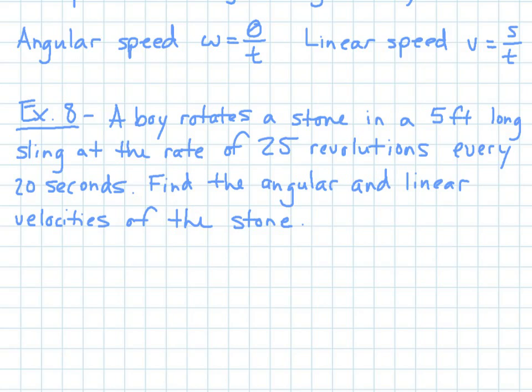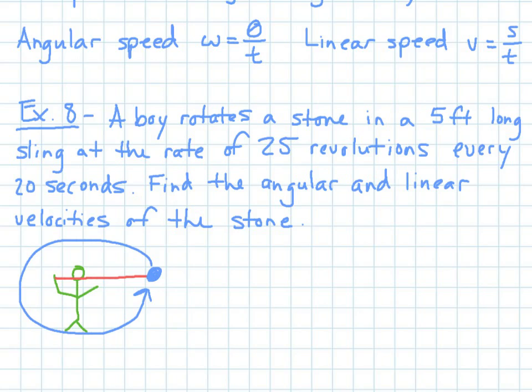So here, and sorry for my pictures, here's a boy that has a string, and he's flinging a stone at the end of it, and it's going around and around that way, right? Obviously my picture is distorted because of the space that I have, but you got the idea.